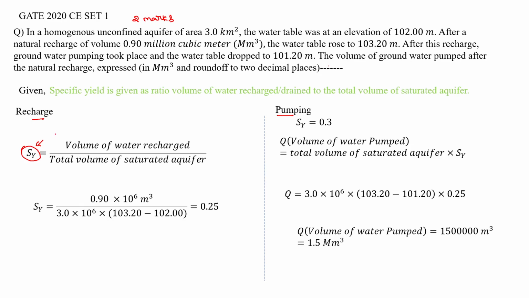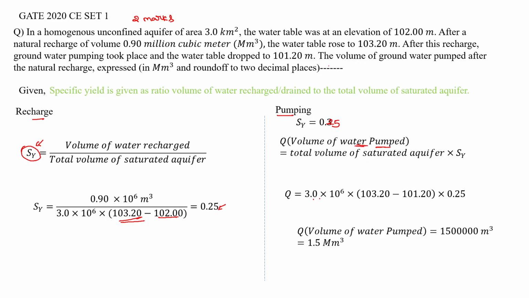SY is the volume of water recharged to the total change in volume, 103.20 minus 102.00, so it becomes 0.25. Use this specific yield of 0.25 and calculate the volume of water pumped from this aquifer. It will be the total volume of saturated aquifer into the specific yield.